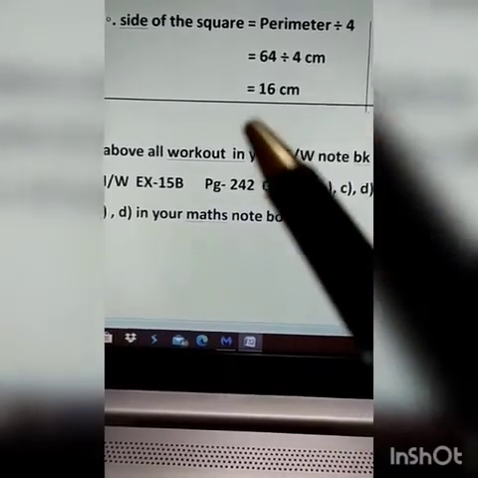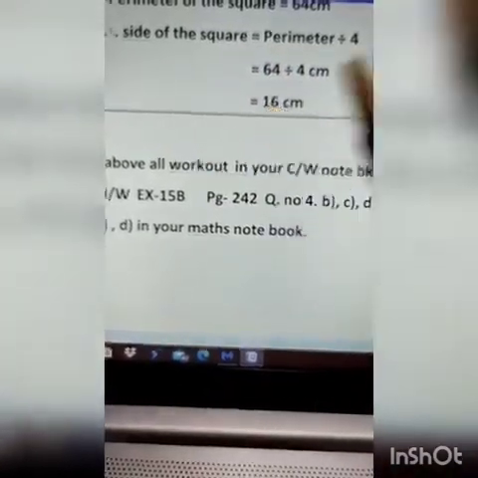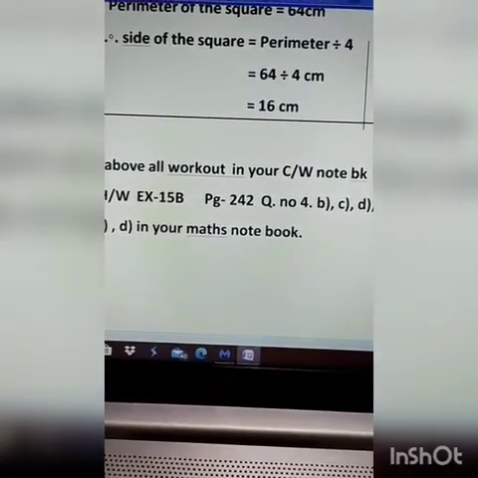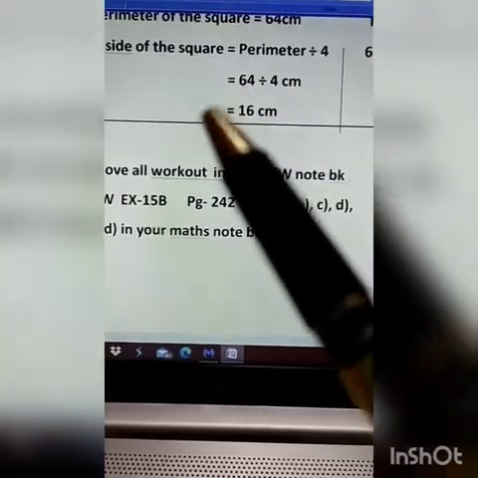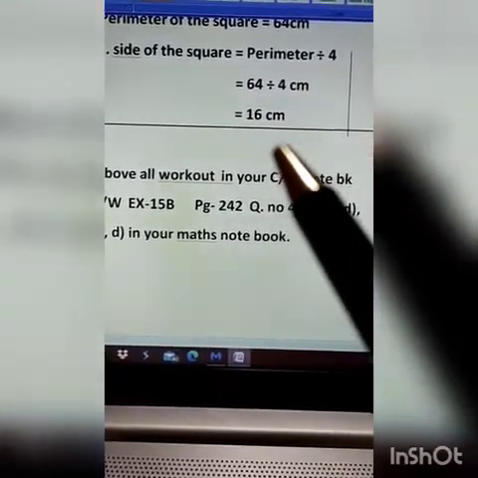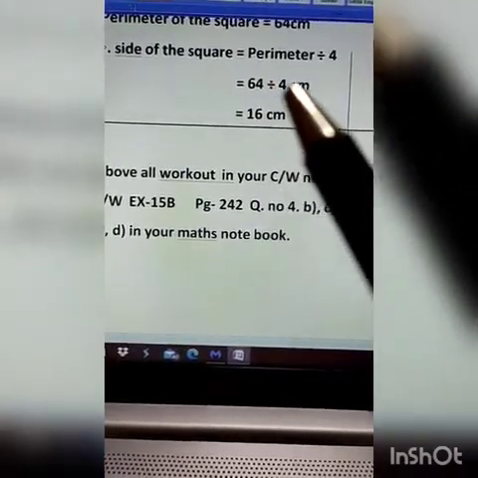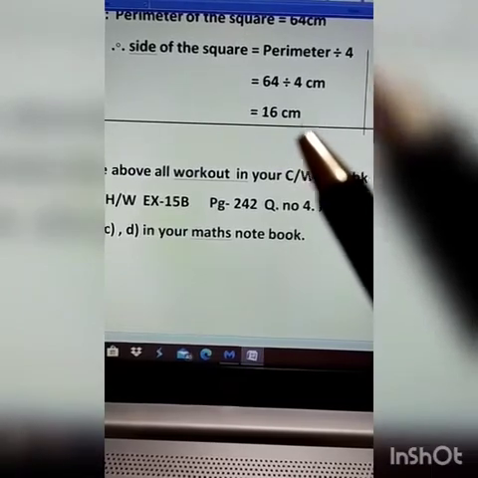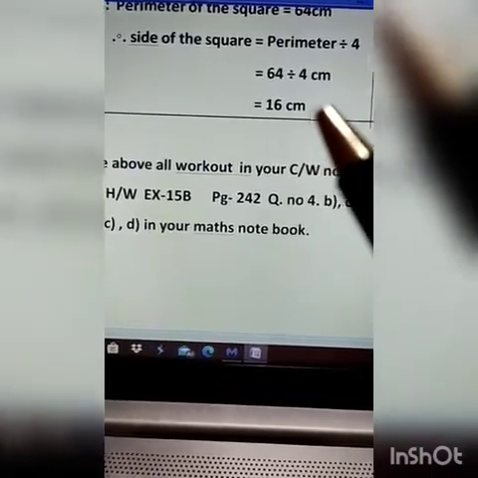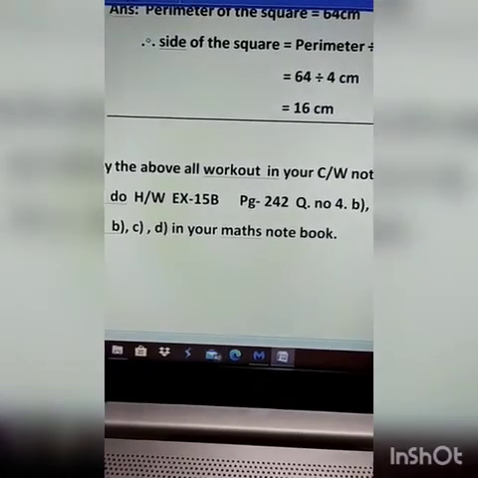If you write only 16, side of a square is only 16, and you do not mention centimeter, is it same as 16 centimeter? No. I told you last day, if you write only 16, no use of that length of the side if you do not mention actual unit. So unit is very important. So you do all sums like this.